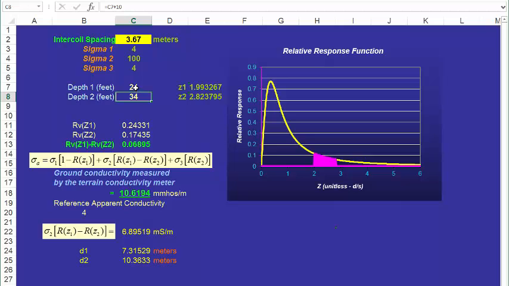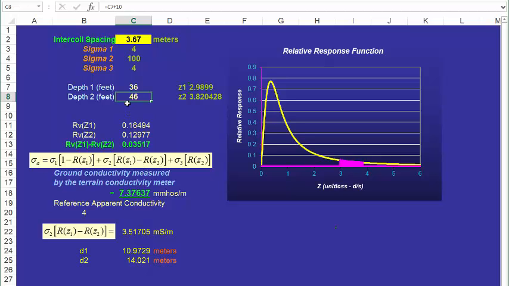Well, let's go one step further. Let's go down to where the depth to the top is now 3 times the intercoil spacing. The area from R1 to R2 is just about 0.035. So we've got a really small weighting factor in here, 0.035.